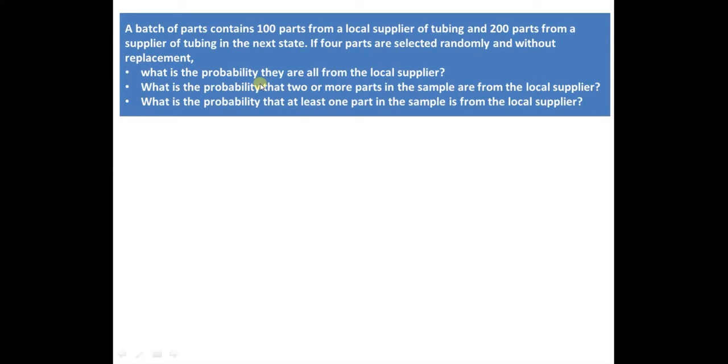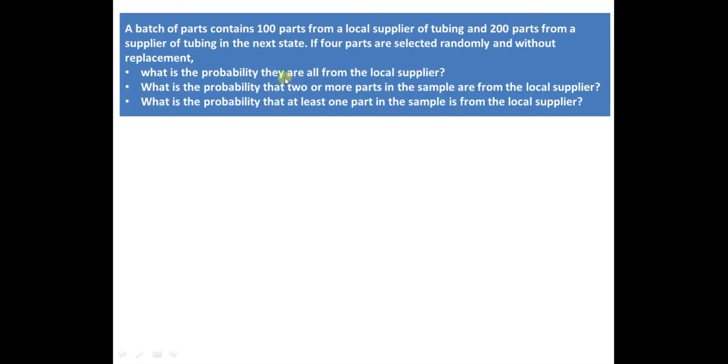The first probability is that all these 4 parts are from the local supplier. In the second, the probability that 2 or more parts are from the local supplier, and in the last, at least one part is from the local supplier.